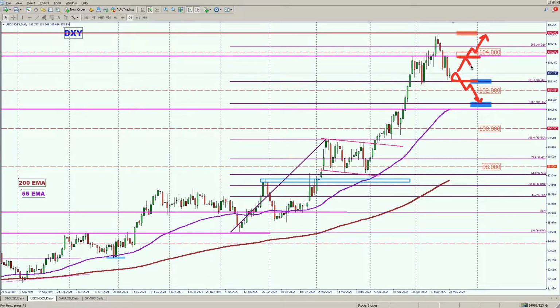So we'll see if it's just going to be consolidation for this coming week, with not too many major news for the US as well as the other economies. All right.